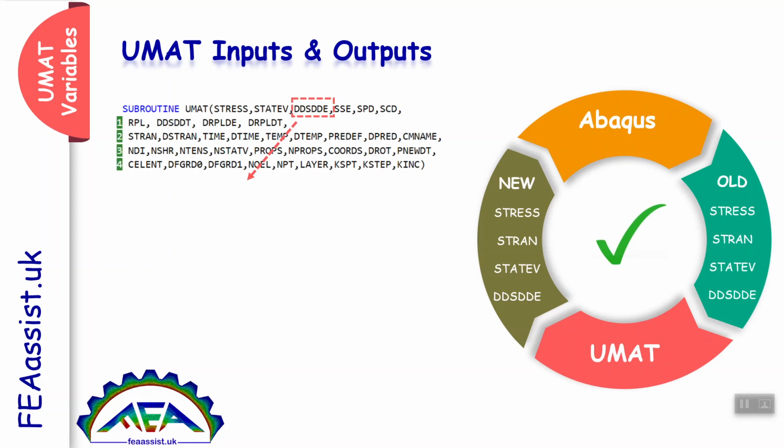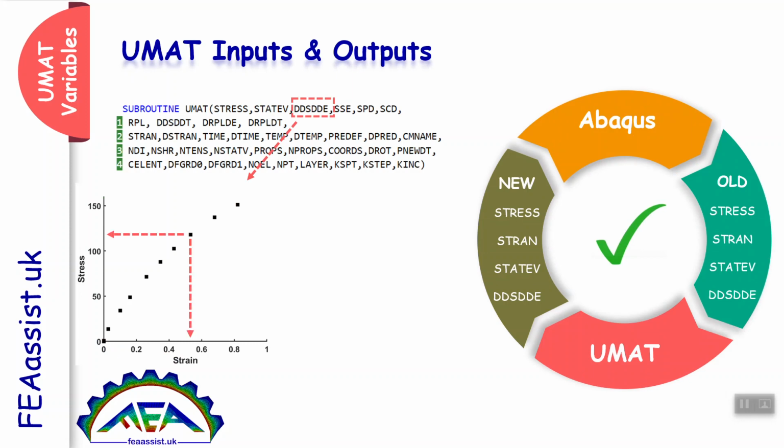Here, as an example, we explain one of the most important variables of UMAT, which is DDSDDE. Consider you have a stress and a strain at this point, and you want to compute or predict the stress at the next point. How can you do that? The first thing that comes to mind is the slope of the diagram.